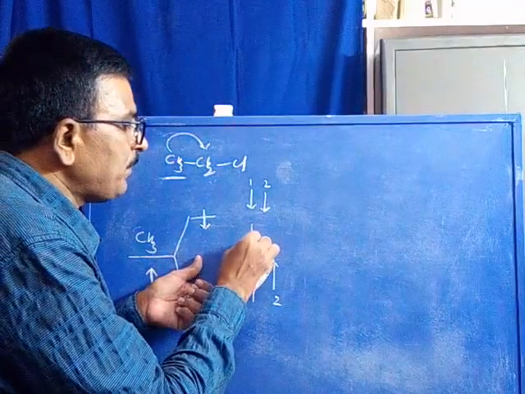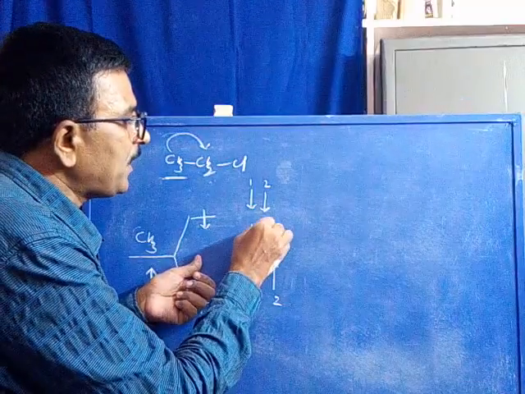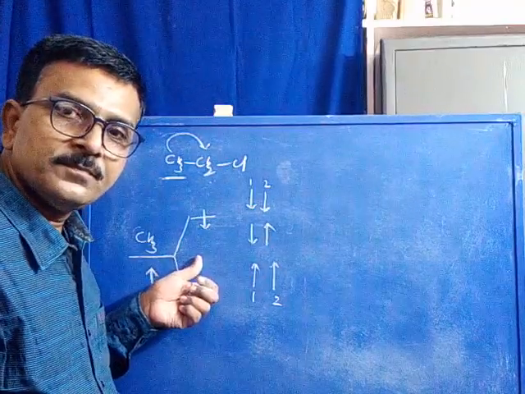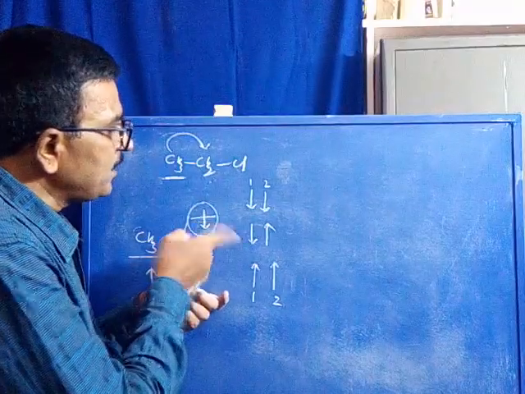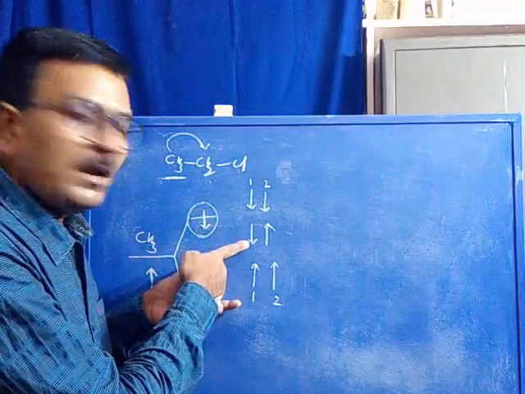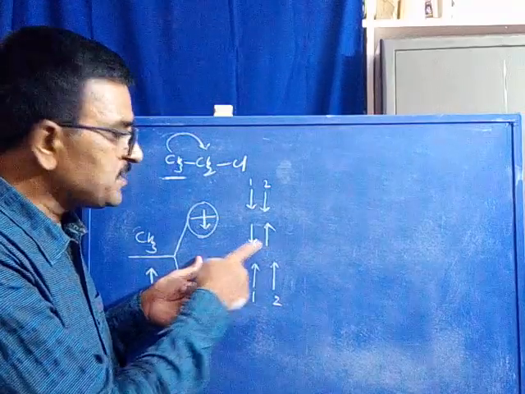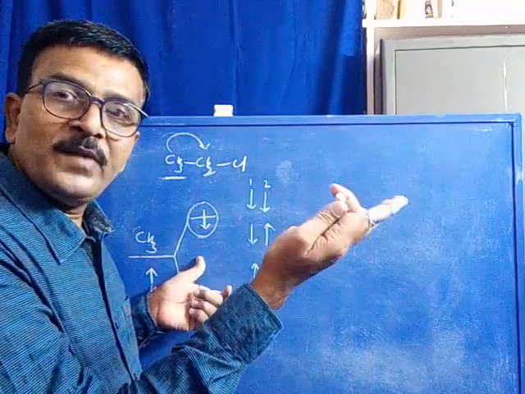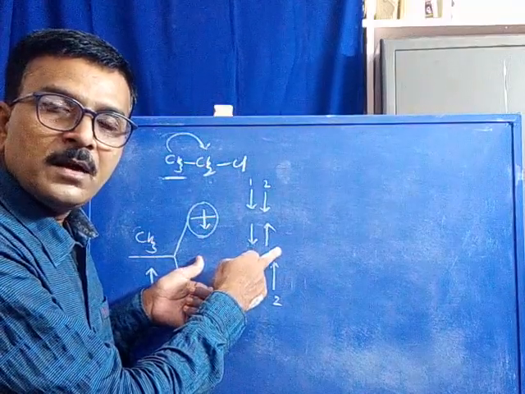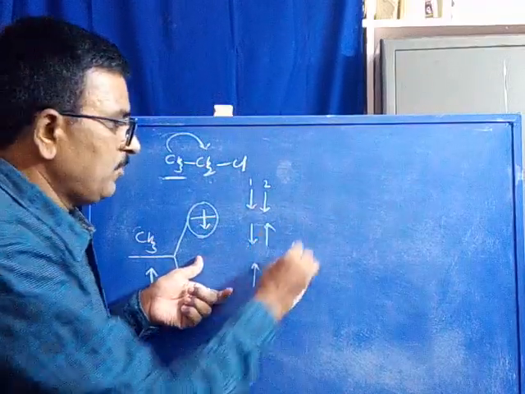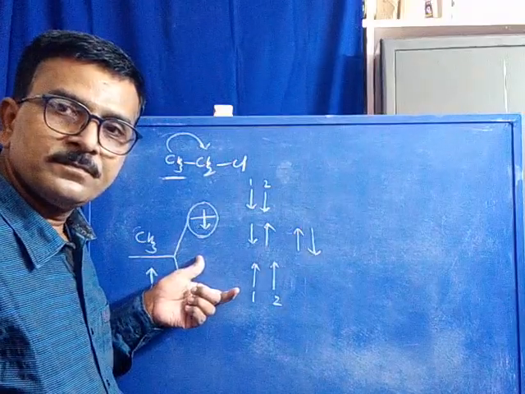Now let us work out in another way. The first proton may be parallel, the second proton anti-parallel. So with respect to this orientation of CH3, the first proton may be parallel and the second proton may be anti-parallel. Now this combination arises in two ways. Here the first is parallel, second is anti-parallel. Or we can write first anti-parallel, second parallel. Is it clear?